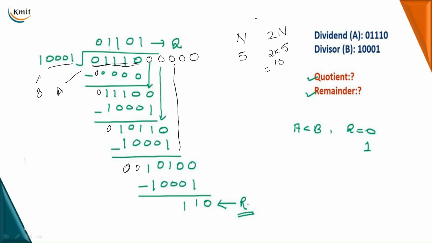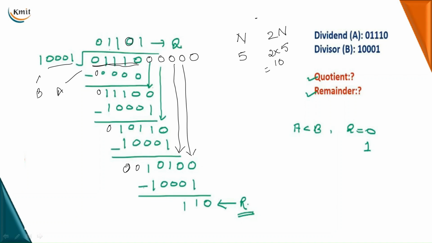Again shift, it becomes 1010. You cannot perform a division because the dividend is less than the divisor. So I am placing 0 here and shifting one more 0 here. It becomes 10100.